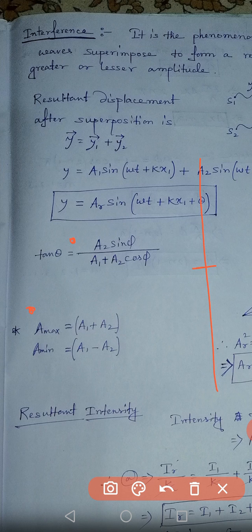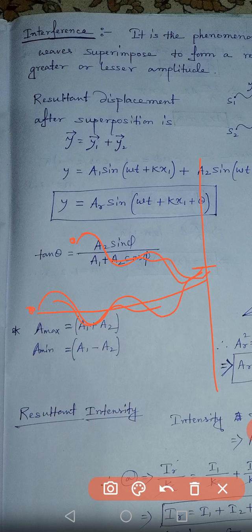From the figure it is clear that this wave is traveling more distance and this wave is traveling less distance. So their path lengths are not the same; they have a path difference.